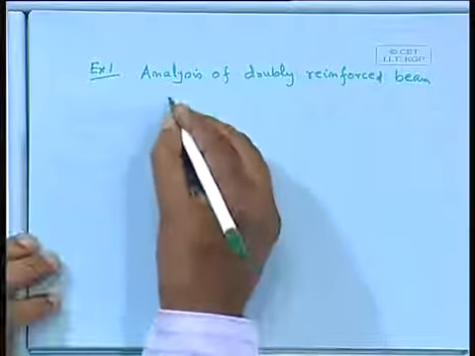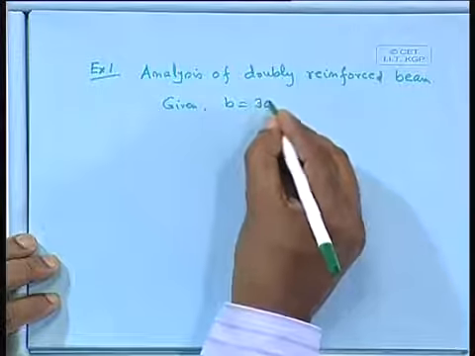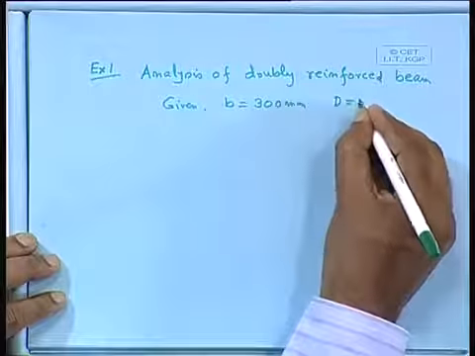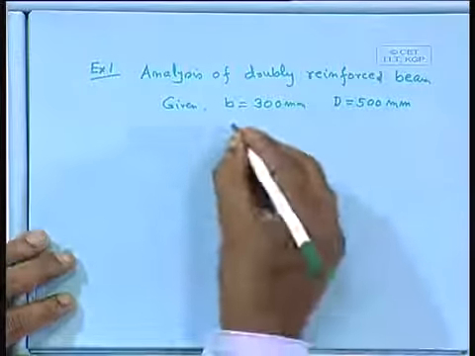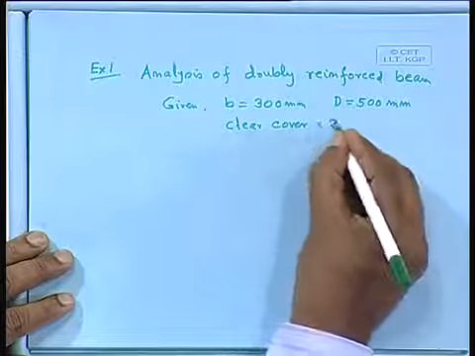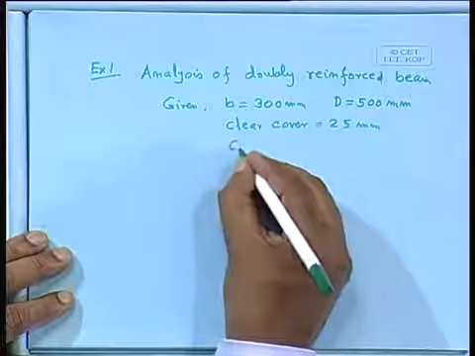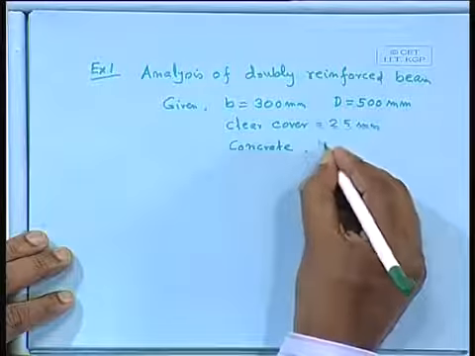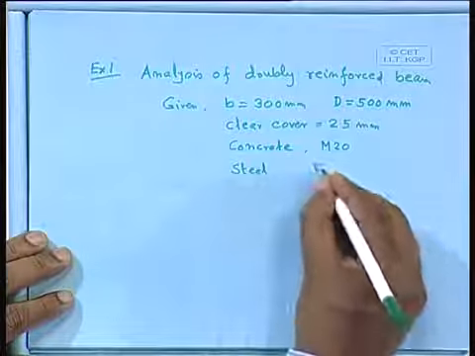Given b equal to 300 millimeter, D 500, clear cover 25 millimeter, concrete M20, steel Fe415.